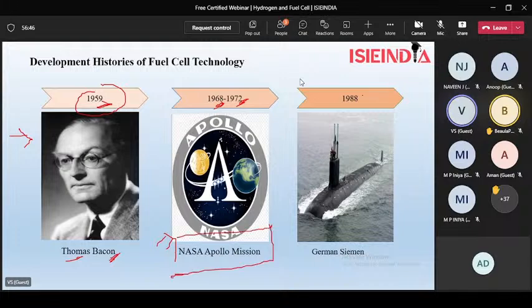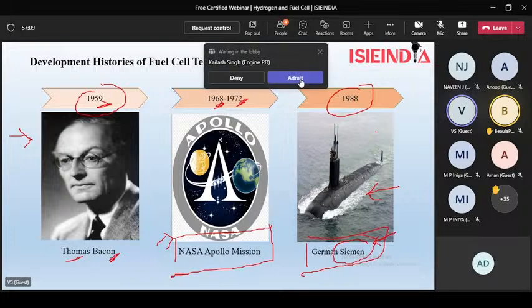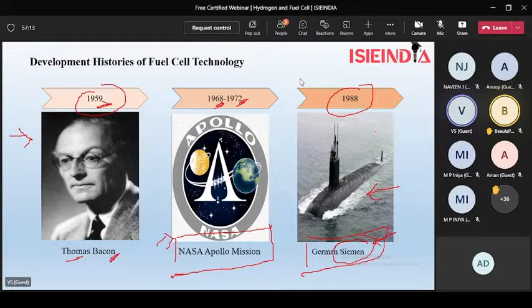And in 1988, German Siemens, an electrical company, demonstrated the fuel cell. So we can see when the fuel cell was developed, and after that, with time it was used in applications also.